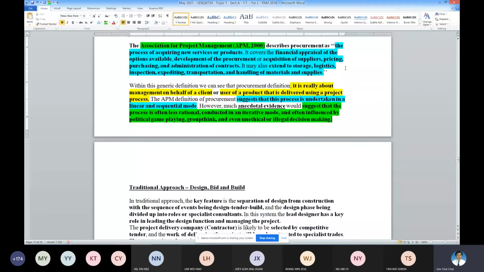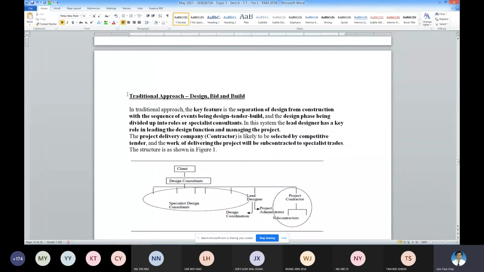So now we go on to the first category, that is the traditional approach. What are the characteristics or key features of the traditional approach? The characteristic is separation of design from construction, with the sequence of events being: design ready, you tender it out, or call it bidding, and then the contractor will build.